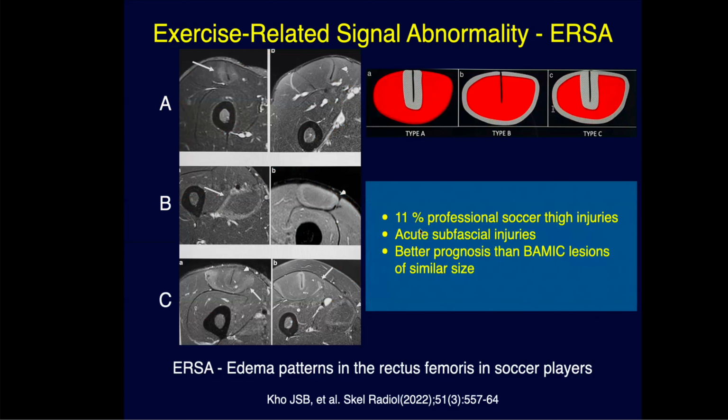And this turns out to be about 11% of professional soccer thigh injuries, and especially the acute subfascial injuries are quite common. And the subfascial injuries actually have a better prognosis than the deeper injuries.